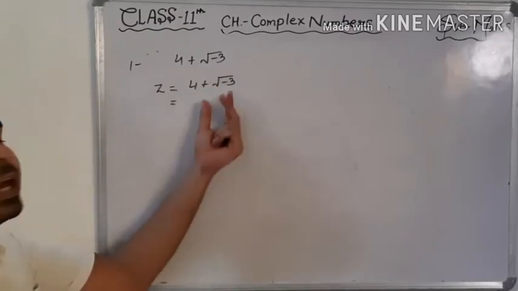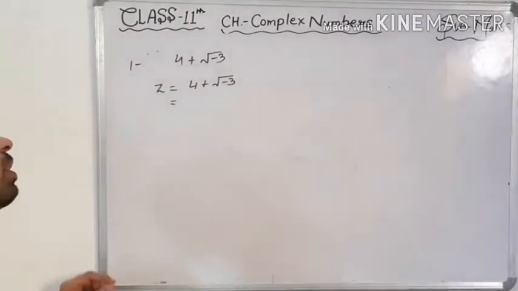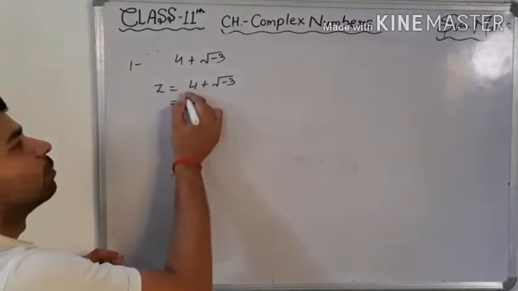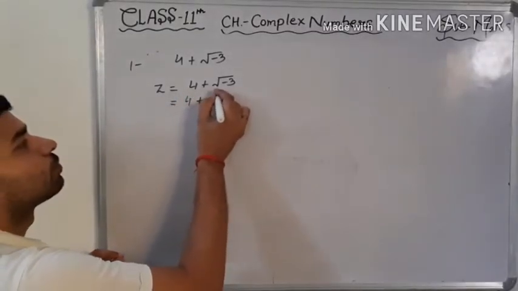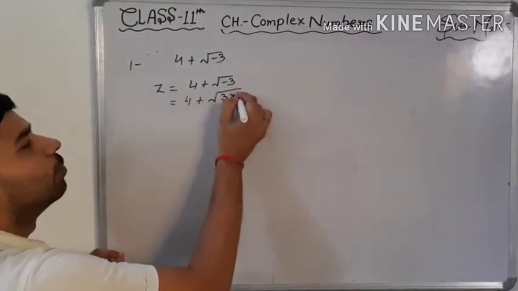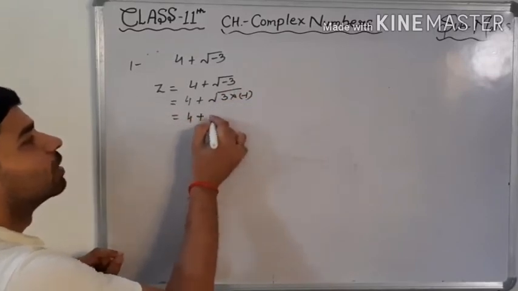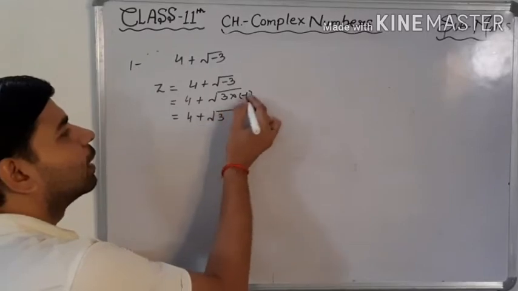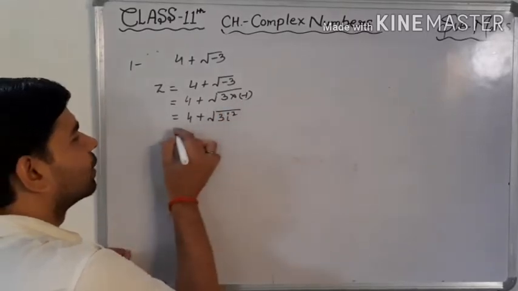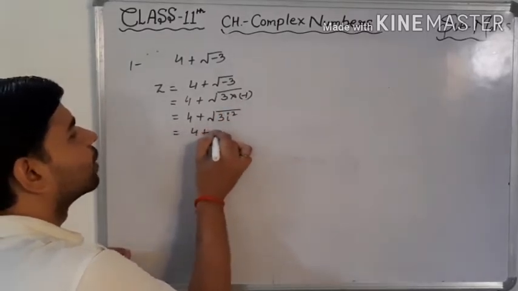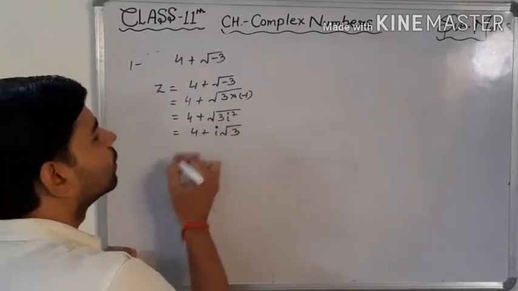But here i is not there, so we have to first convert it into a plus ib form. 4 plus under root 3 into minus 1 equal 4 plus under root 3 into under root minus 1, and under root minus 1 is i. So this is equals to 4 plus i root 3.